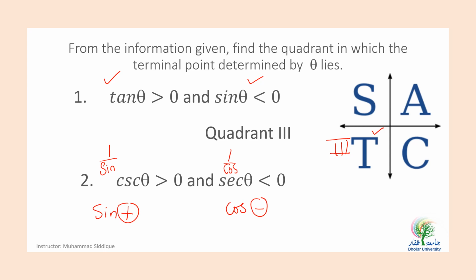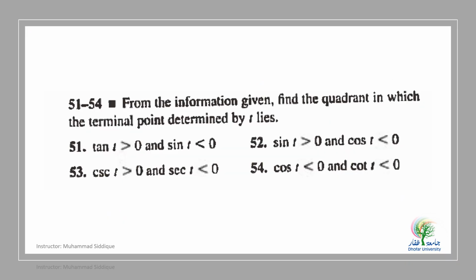In which quadrant is sine plus and cosine minus? Use the same rule. Yes, quadrant 2. In quadrant 2, sine is plus and cosine is minus, so cosecant is plus and secant is minus. Great. These are some questions you can practice.